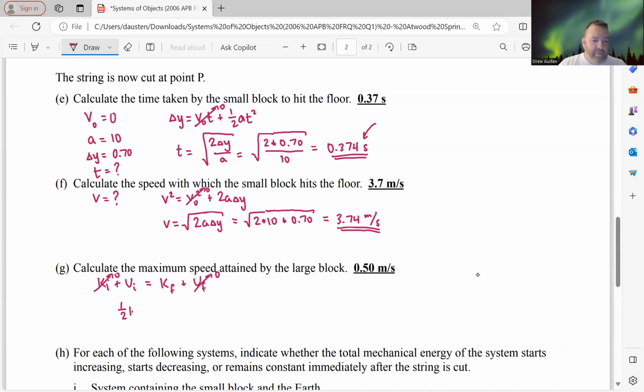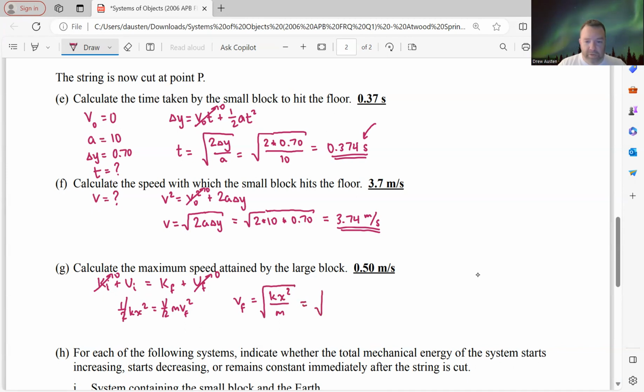So that's going to be 1/2 k x squared is equal to 1/2 m v final squared. The 1/2s will cancel out, and solving this for v final, we're going to divide both sides by m, and then take the square root of both sides to get v final.